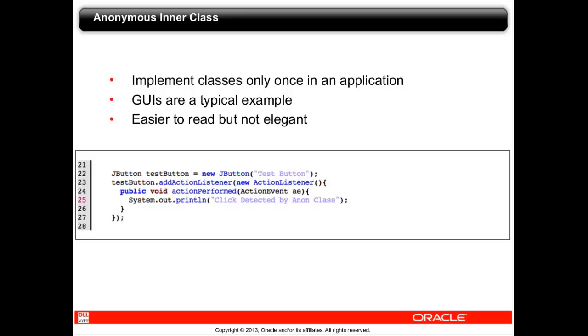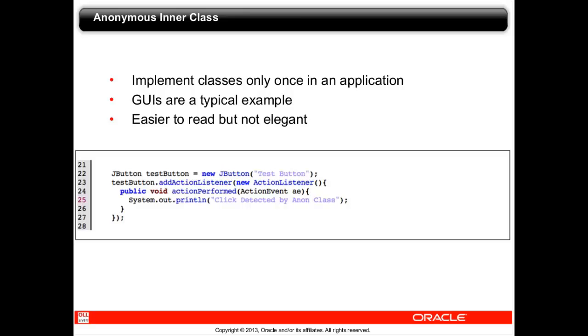It's easier to read like this, but it's not very elegant. One of the problems is that it takes quite a bit of code to put in just this one method. So this is one of the features that Lambda is addressing. It's trying to improve upon this to make that a little better.